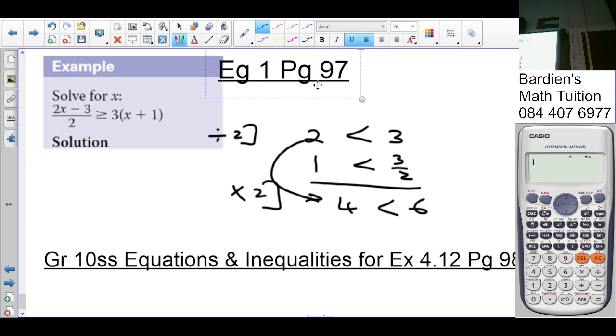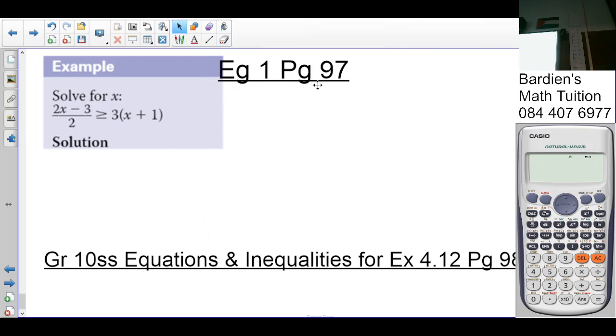Only when you're multiplying or dividing by a negative number, the inequality swaps around. No? If you're multiplying or dividing by negative, the inequality swaps around. There's another case that would happen. It is when you take its reciprocal. If you got 2 is less than 3.